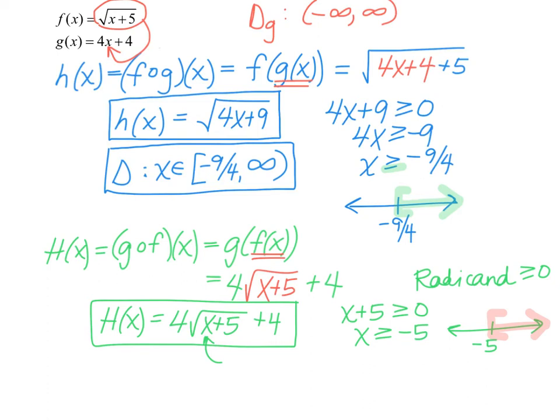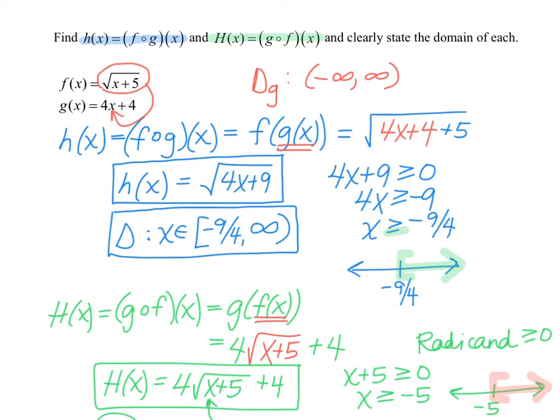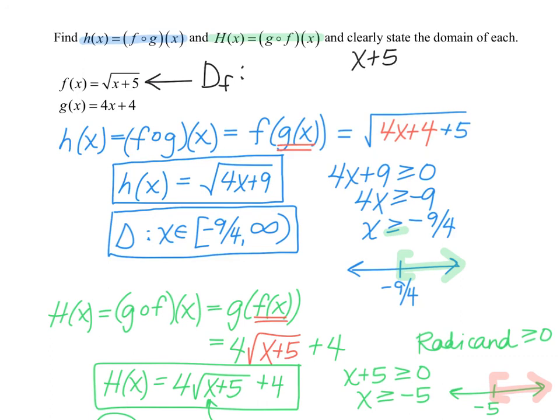However, again, we want to make sure that we are including any domain restrictions of the inner function. So if we look at g of f of x and consider the inner function, which is function f, we need to also include any domain restrictions for function f. So if I go back to the top and I take a look at our two original functions, let me erase the domain of g. I'm not considering the domain of g right now. I need to consider the domain of f. So looking here at function f to consider its domain, it turns out that the square root of x plus 5, that's the same domain restriction we just did, because we cannot have a negative inside of a square root.